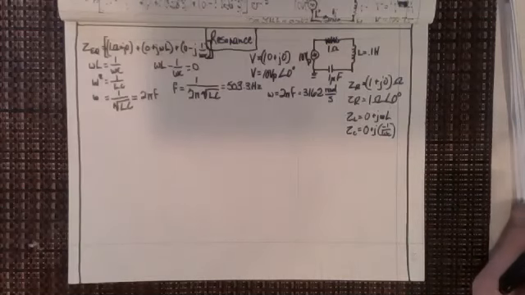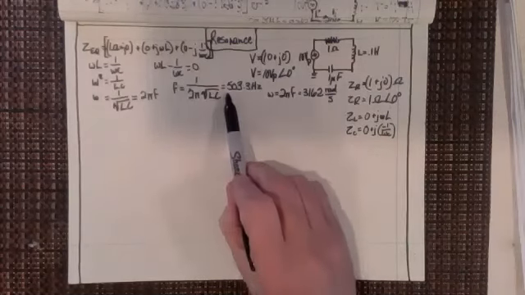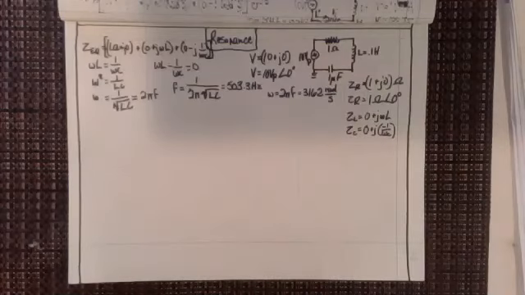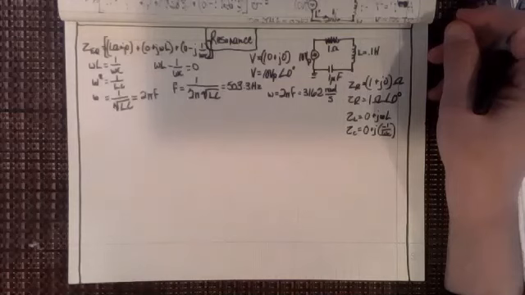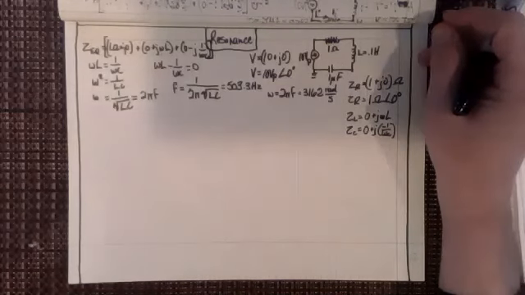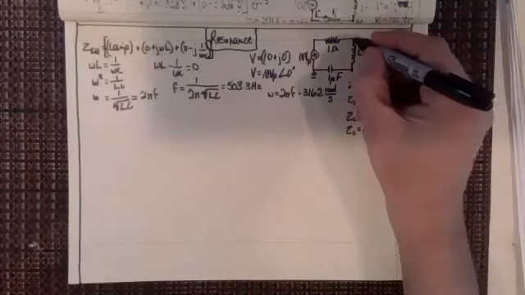And if we wanted to think of it in total revolutions, it would be 503.3 total revolutions per second, or cycles, however you want to look at it. Okay, so that's what we were thinking about.